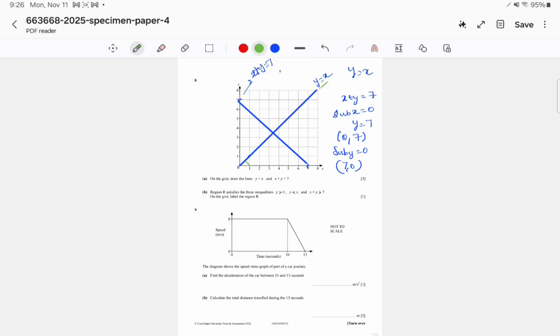Because it is less than x, then I will draw here. This is one condition for this graph, y is greater than or equal to 0. Next thing, y is less than or equal to x.